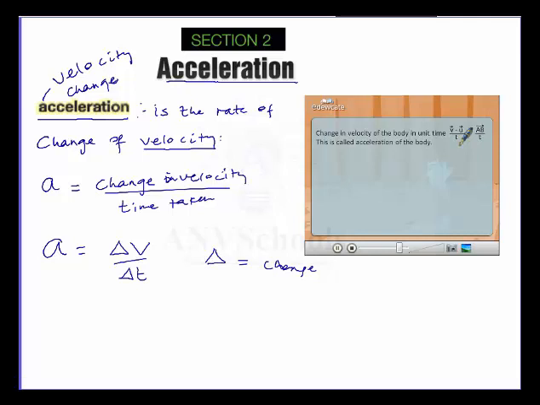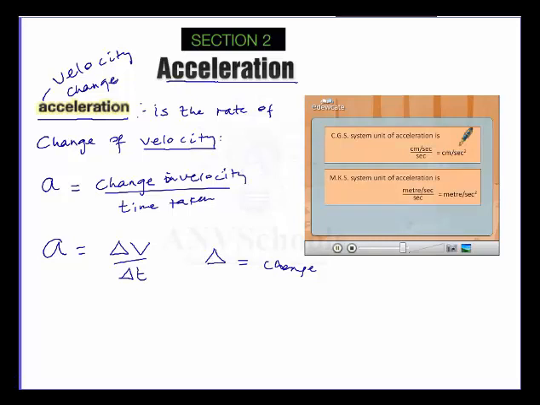When there is a change in velocity, the object is accelerating. The velocity may increase or decrease. So when you say acceleration, we mean the change in velocity, that is the difference between final and initial velocity divided by time.